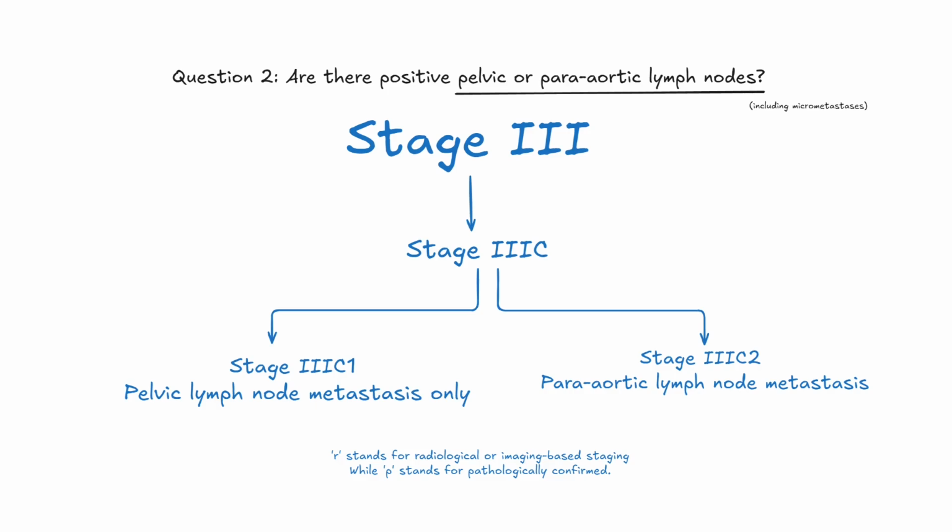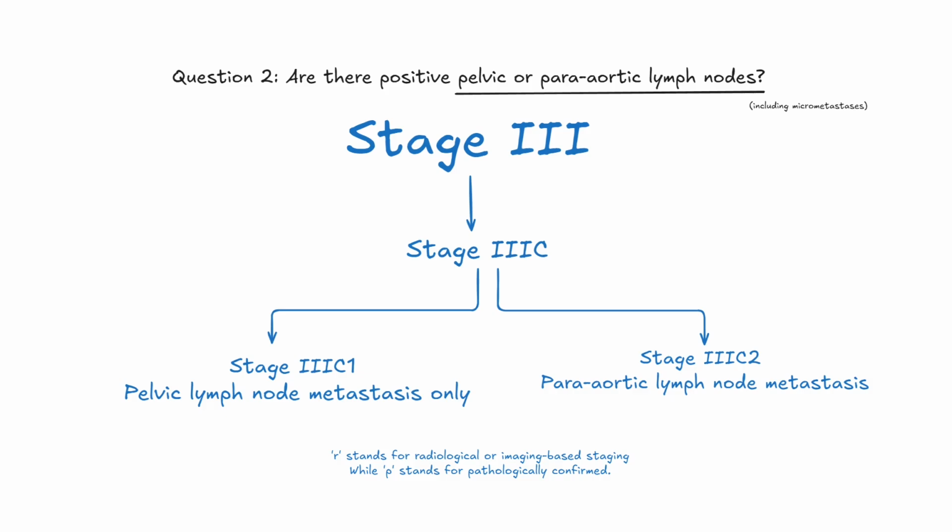And don't forget to add the notations R or P. R stands for radiological or imaging-based staging, whilst P stands for pathologically confirmed. For example, if a PET-CT scan shows positive lymph nodes, you'd write stage 3C1r. If there is no spread to lymph nodes, then move on to the next question.